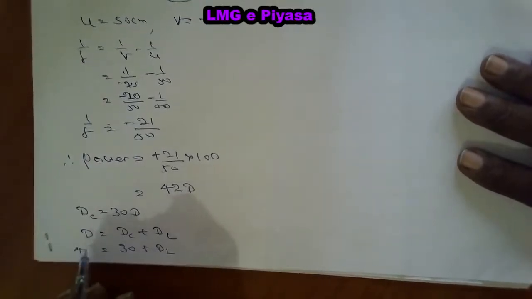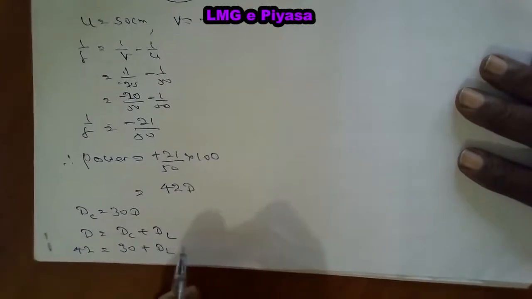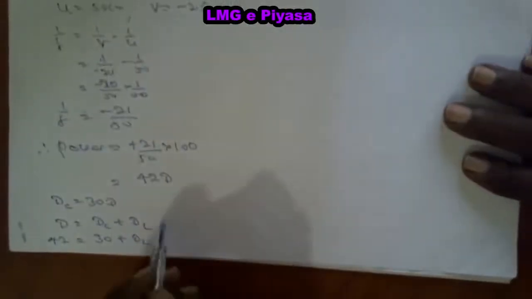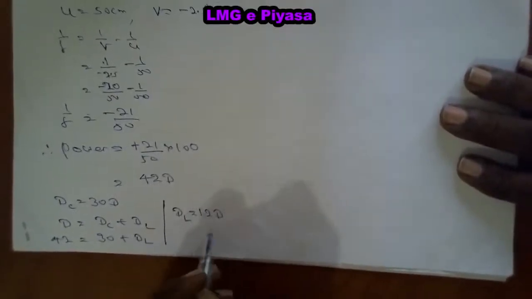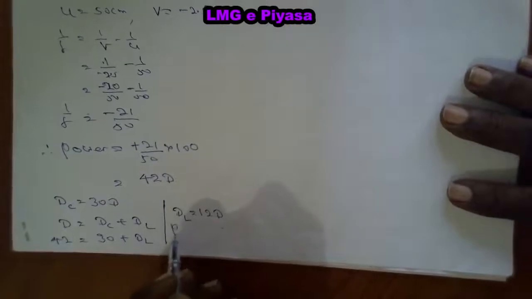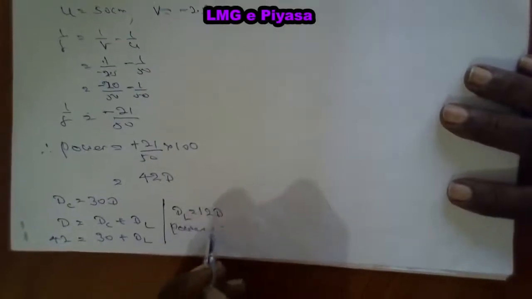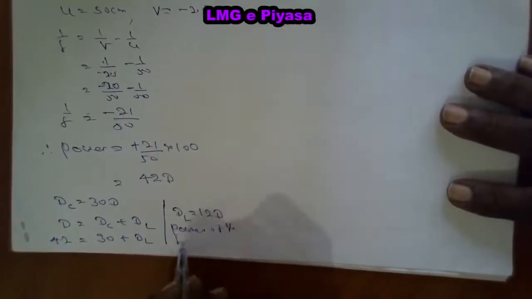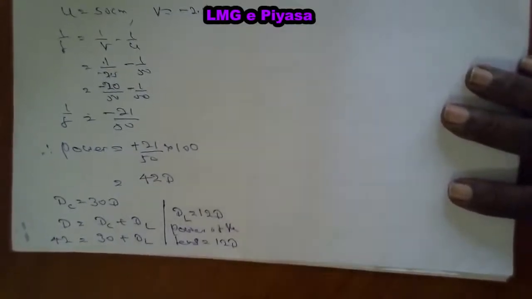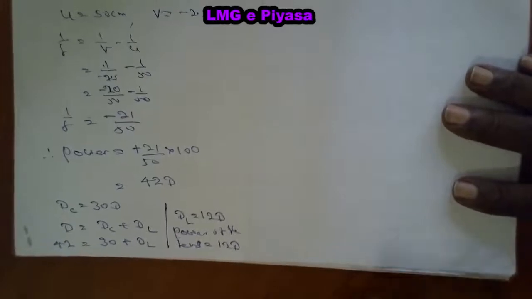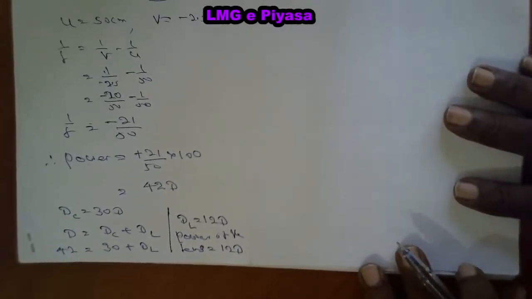D is 42, so D_L equals 12 diopters. The power of the lens is 12 diopters.